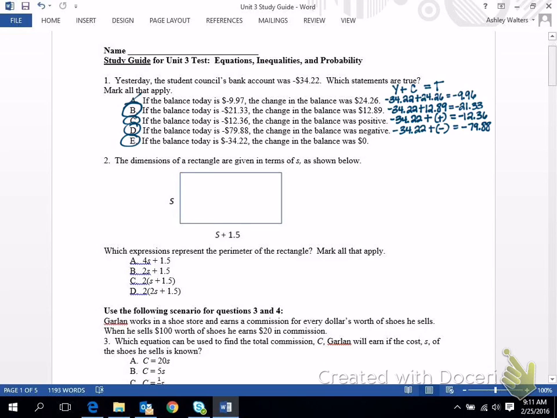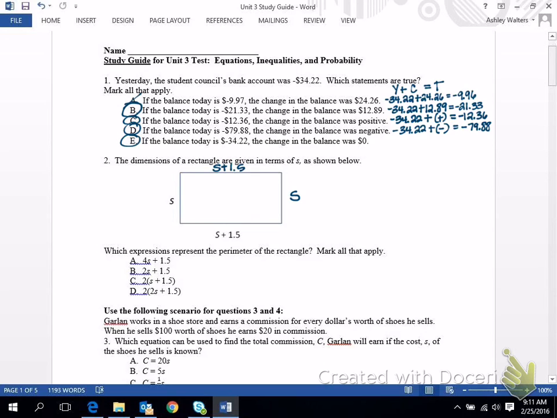In number 2, it says the dimensions of a rectangle are given in the terms of S as shown below. We want to know which expressions represent the perimeter of the rectangle and mark all that apply. Well, if we have 2 dimensions, we can get the other 2. The corresponding side for S is here, and the corresponding side for S plus 1.5 is here.